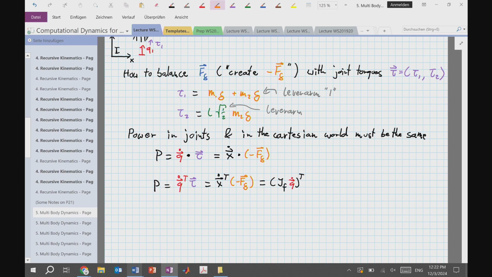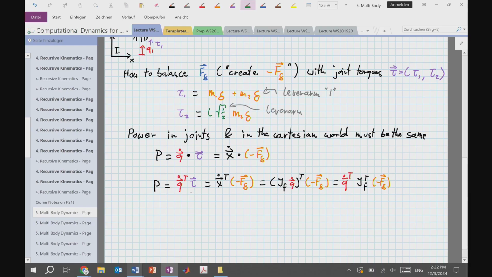That whole thing gets a transposed, is multiplied with minus Fg. And then if I pull out the transpose, I get Q dot transposed times JF transposed times minus Fg.